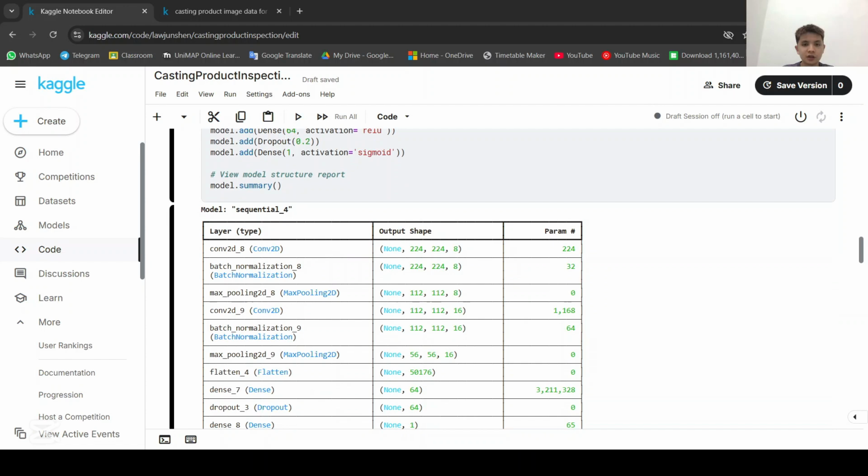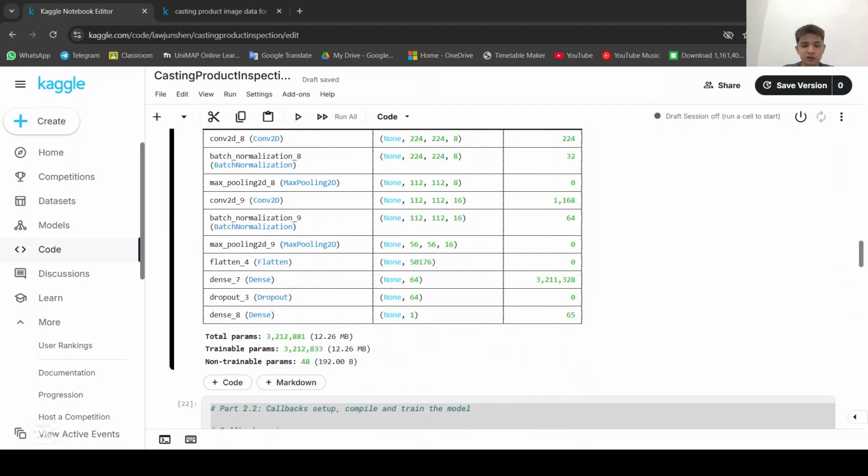After all the setup, we see the summary for the model. We can see it has a total of around 3.2 million parameters. This setup balances efficiency and accuracy while keeping the model lightweight.